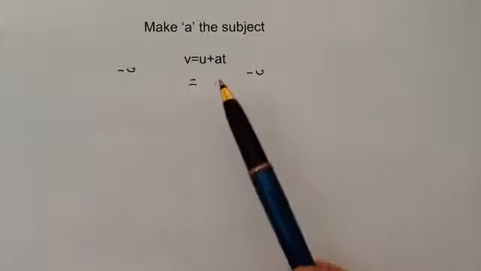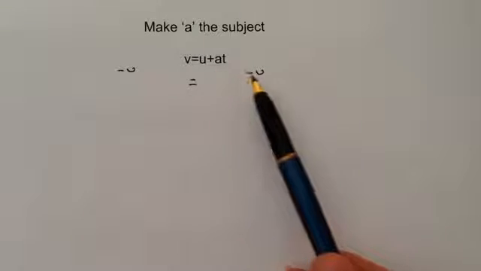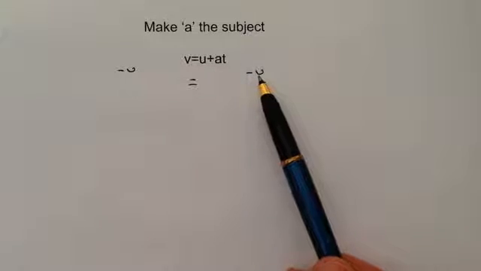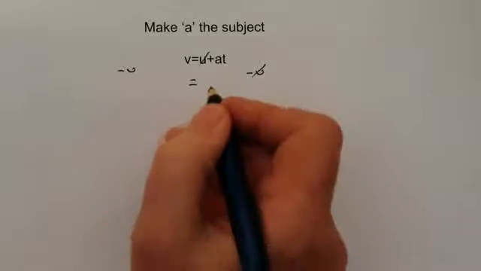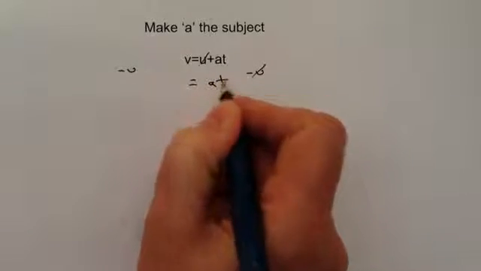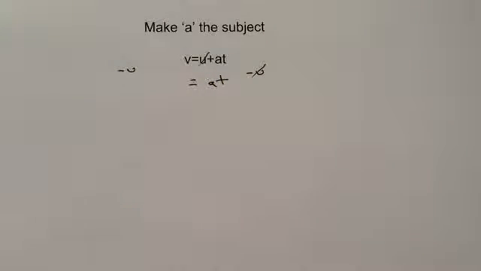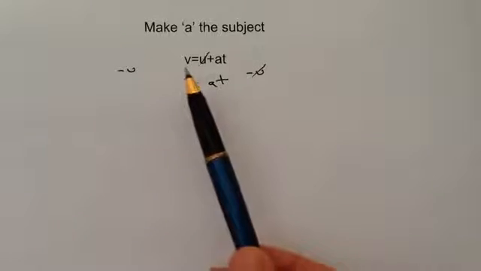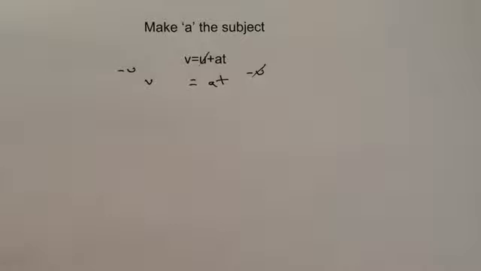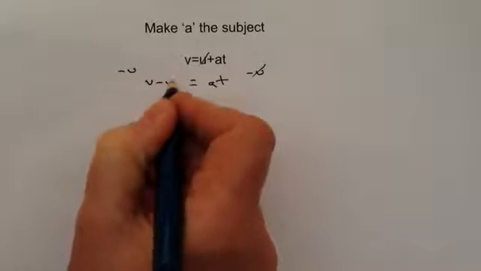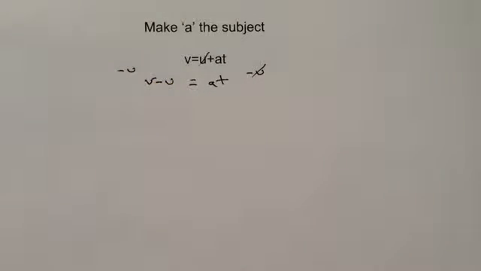What that means then is I've got U minus U, so effectively those two cancel themselves out and I lose it completely, and it leaves me on the right hand side with just simply AT. On the left hand side I have V, which is already there, and minus U. I hope you can see that okay on the video.